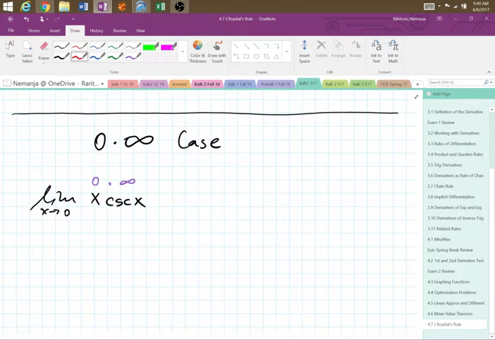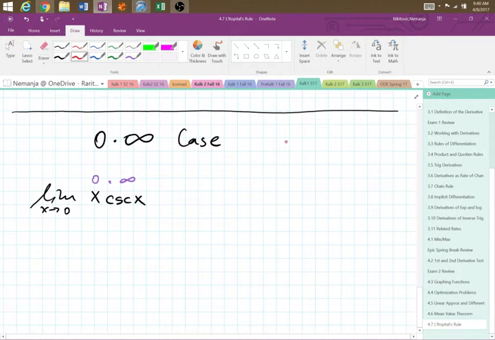Now the trick is to write the function as 1 divided by 1 over f. See, that's the same. If you divide 1 by the reciprocal of the function, you get the same function. So we're just going to use that trick, and we are going to get what we need.